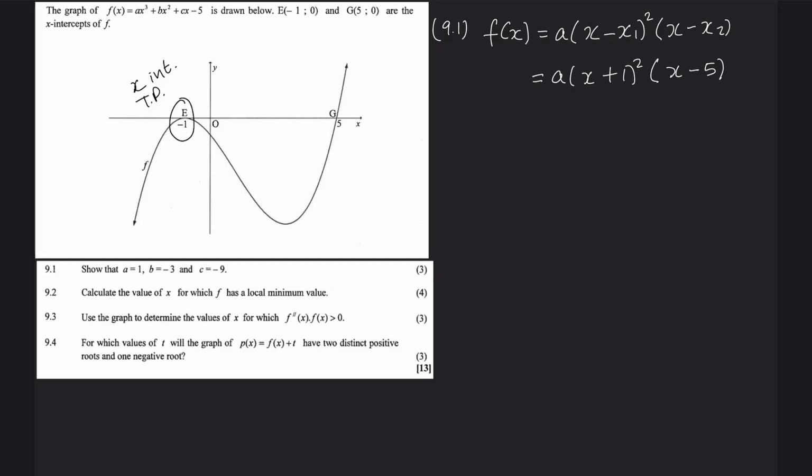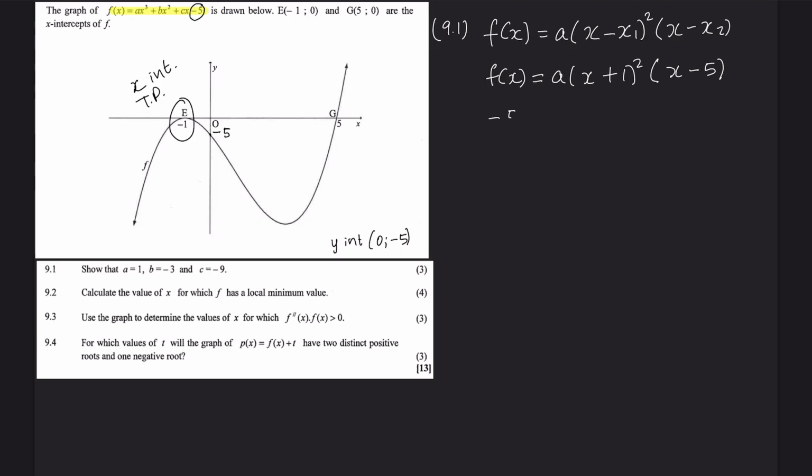Next, we need a point to substitute because remember we want to solve for a first. If we look at our equation, they tell us that the y-intercept is negative 5. So this point right here is negative 5. If I write that coordinate, the y-intercept is 0 and negative 5, and we can substitute that in.